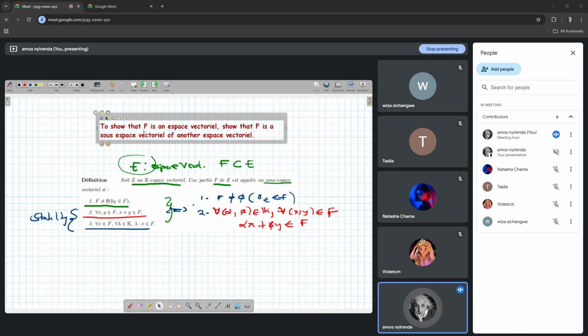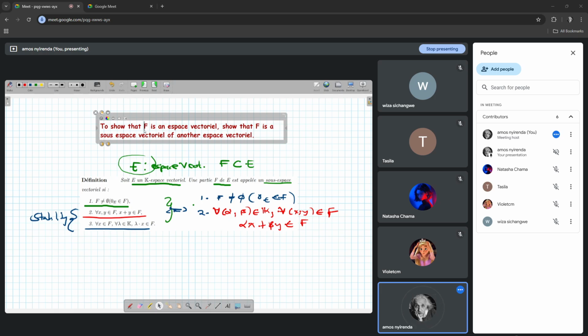We'll look at an example so that you guys understand. Okay, so if you want to show that some set F, which is a subset of E, which is our parent espace vectoriel, is a sous-espace vectoriel of E, I have to check the three properties. F has to be non-empty, meaning the identity element of the parent set, which is E, has to be in F. That's what we have to do to check.